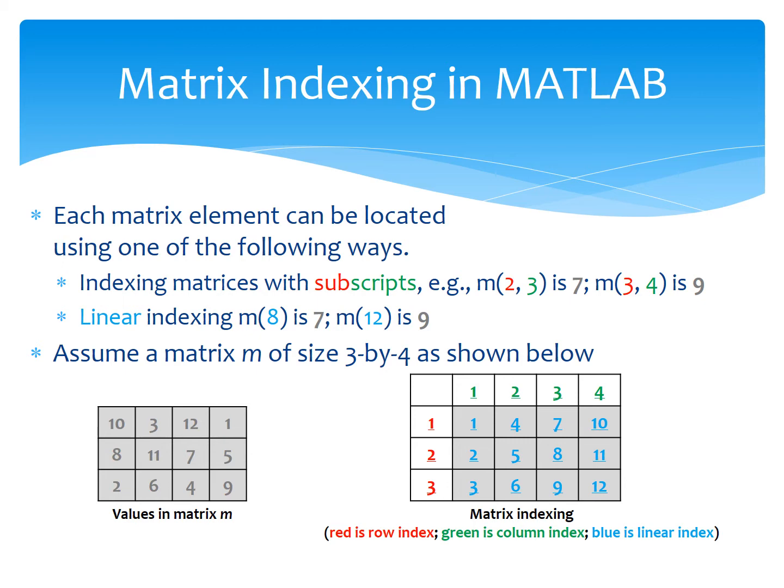For instance, M(2,3) indicates the intersection of the second row and the third column, which is 7 in M. If linear indexing is used, the same element can be located as M(8).